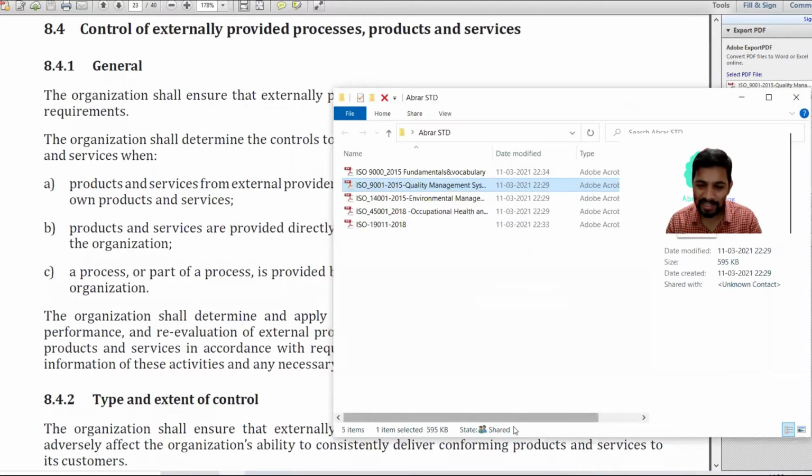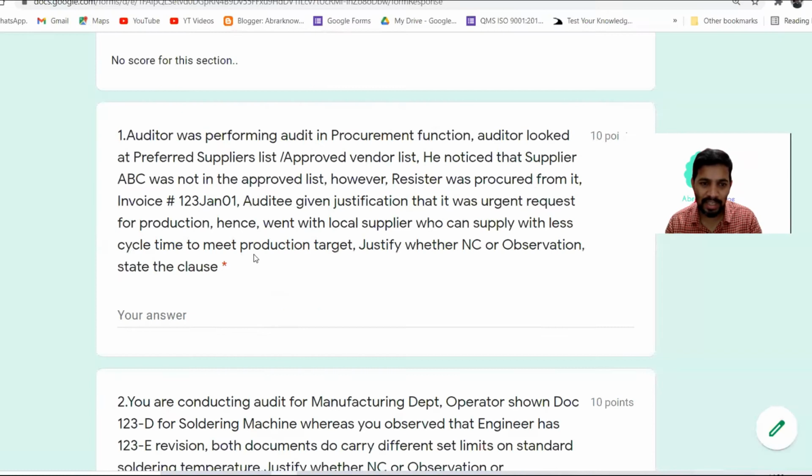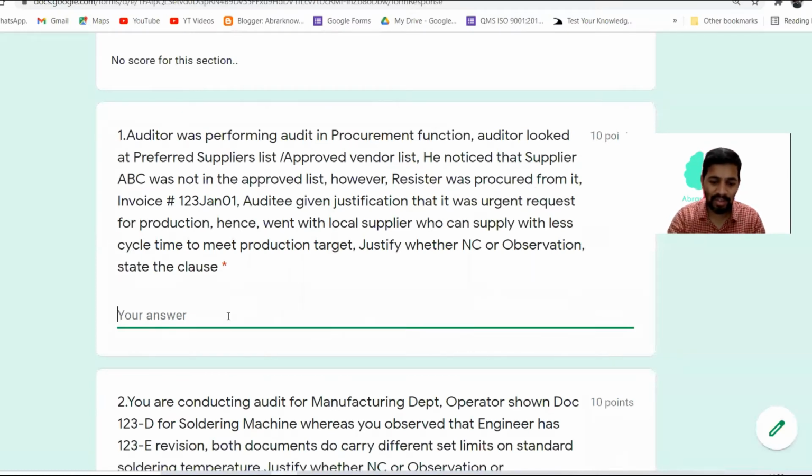So it's an NC, and we need to log it. The class number could be 8.4.1, although the extended requirement is there in the last paragraph, and in 8.4.2 and 8.4.3 and so on. In this video, I will just classify whether it's an NC or an observation, and then we can identify the class number.